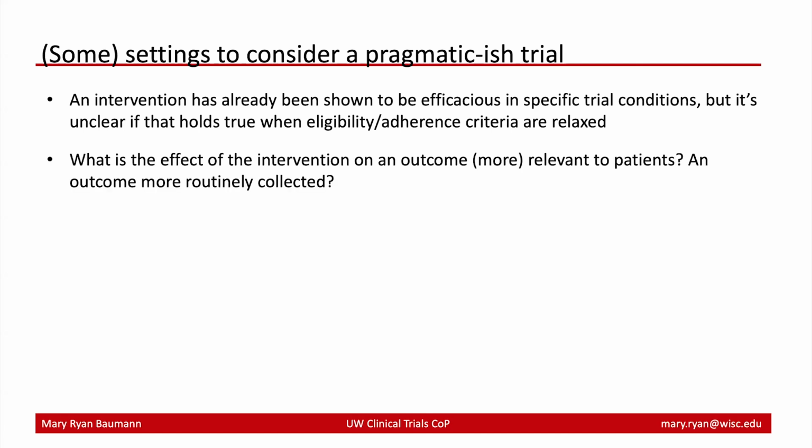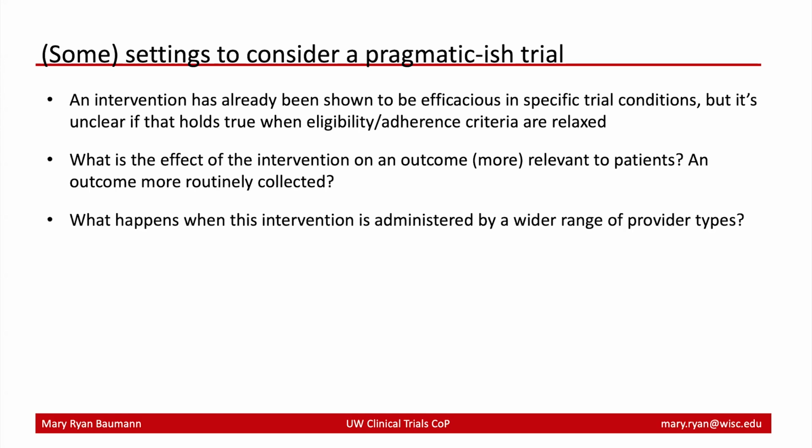You might be interested in a pragmatic trial when you're trying to investigate what the effect of an intervention is on an outcome that's more relevant to participants, or an outcome that's more routinely collected and has less patient and provider burden to collect. You might be interested in what happens when this intervention is administered by a wider range of provider types, so maybe not by a very specific specialist, but maybe PCPs, nurse practitioners, et cetera.